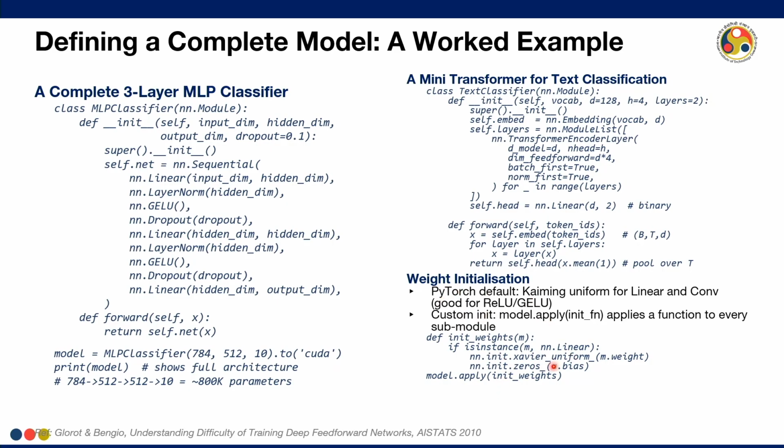And here is, let's say, the Xavier uniform algorithm that we are using to initialize, that we can also do. And all these biases are initialized with zeros. So this is one initialization method for your weights and biases in the model. And you can use model.apply with init weights. It will automatically initialize all the weights with your custom initialization function or algorithm.